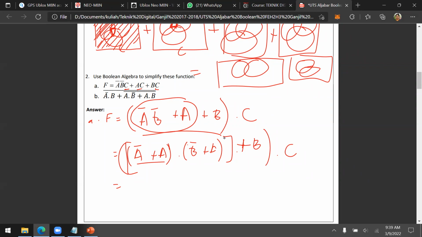This one is A plus B naught. So we have (A plus B naught plus B) and C. Then we have B plus B naught is 1. So A plus 1 is 1, times C. So the result is C.